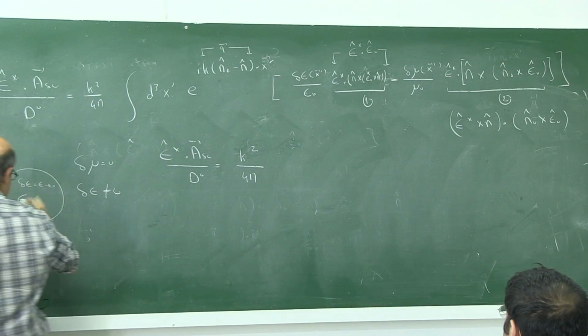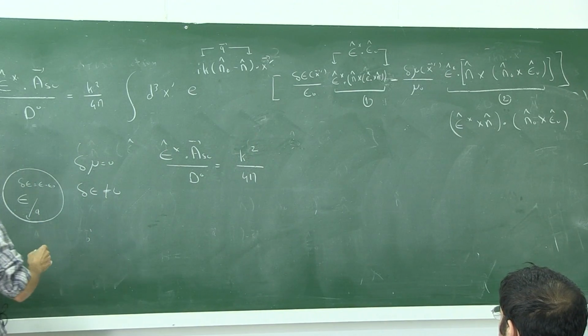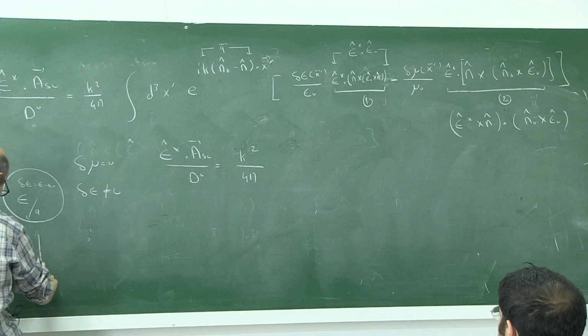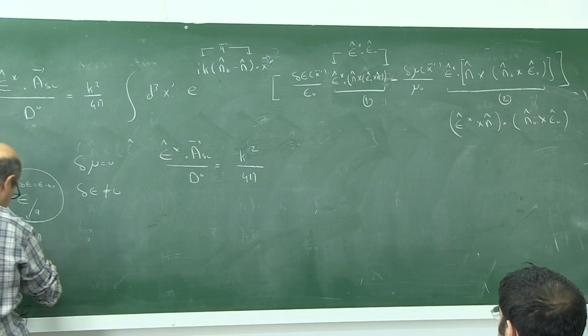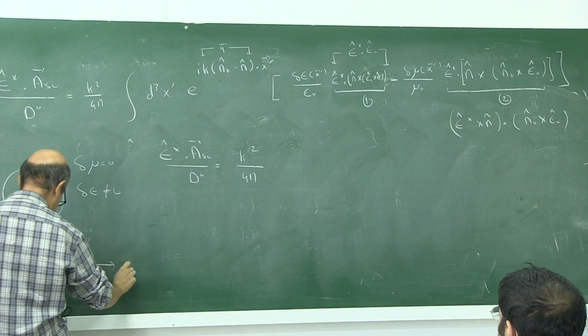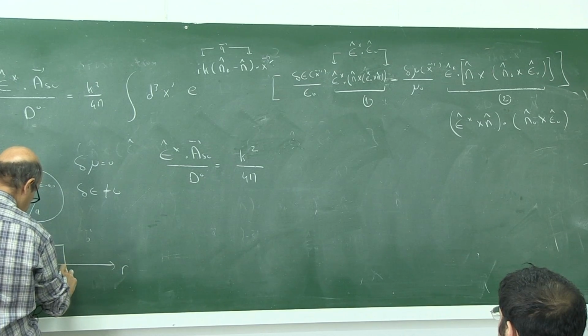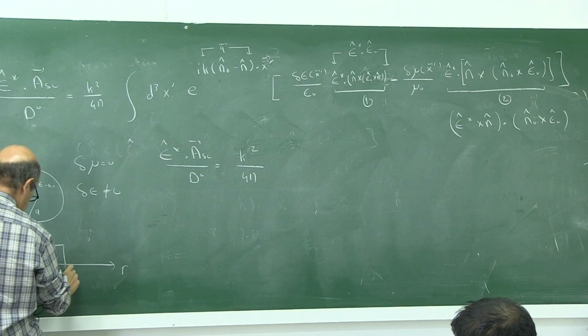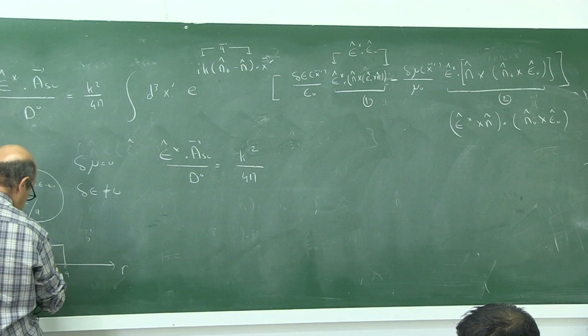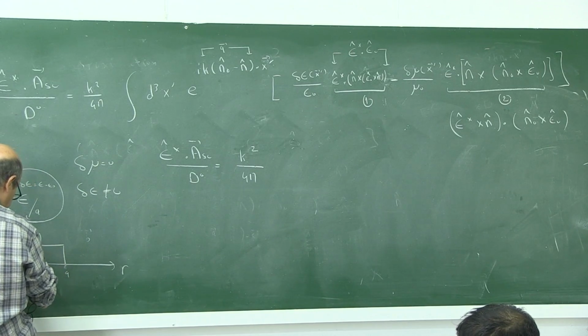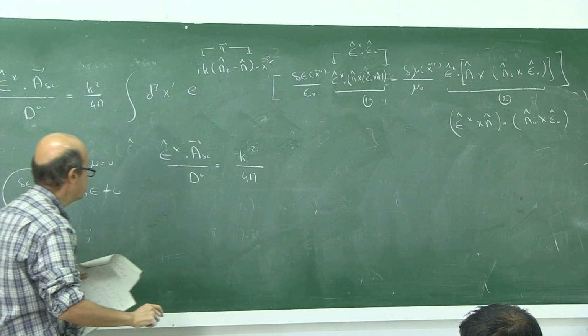Variation in the dielectric constant is constant. So it is something like this. Epsilon as a function of r is something like this. So this is r equal to a, not 0, it goes to epsilon 0. From epsilon to epsilon 0 it drops.